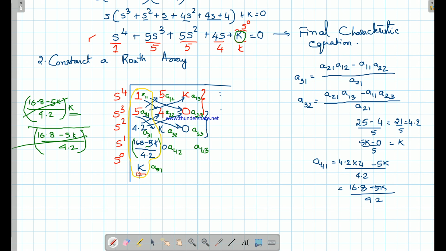According to the Routh-Hurwitz criteria, let me state the definition.